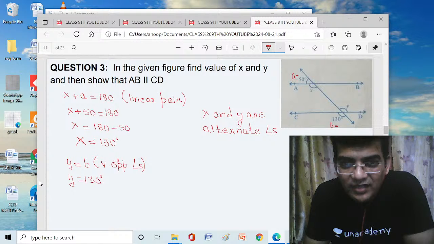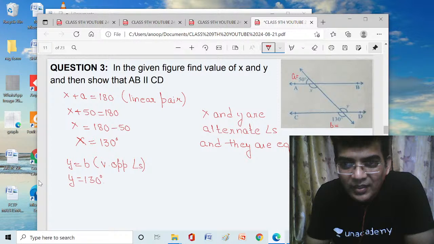So x and y are alternate angles and they are equal in magnitude. They are equal in measurement. So x is 130, y is 130, and we know if two alternate angles are equal in measurement, then the lines must be parallel.